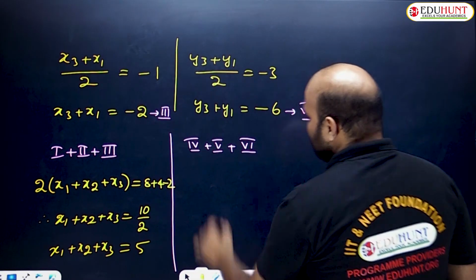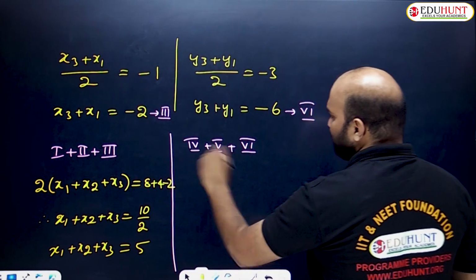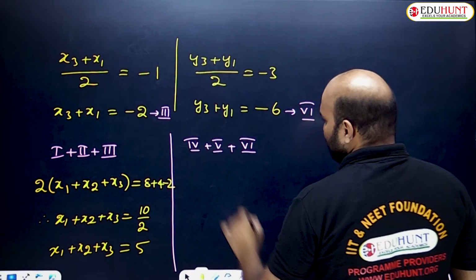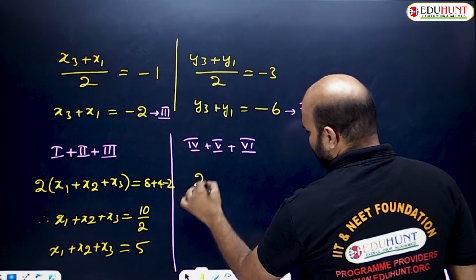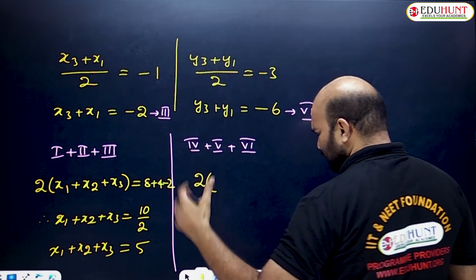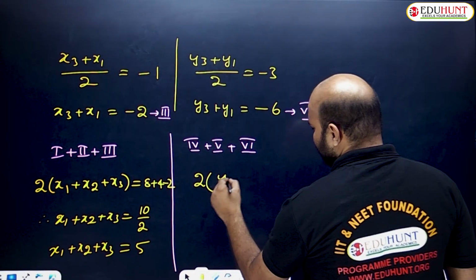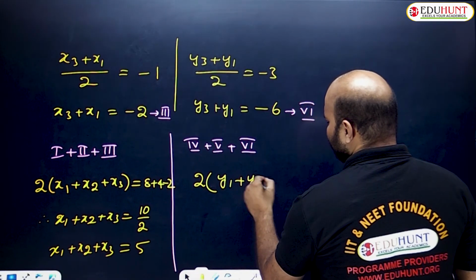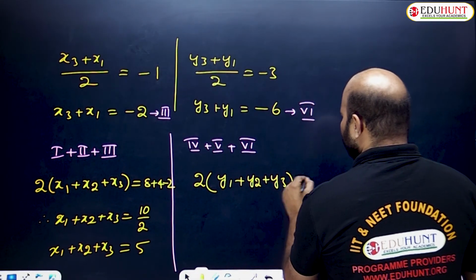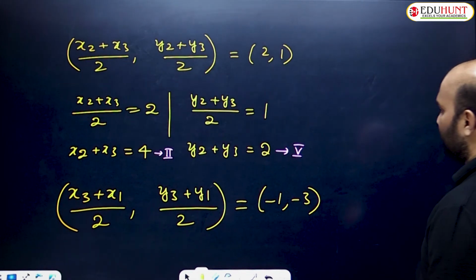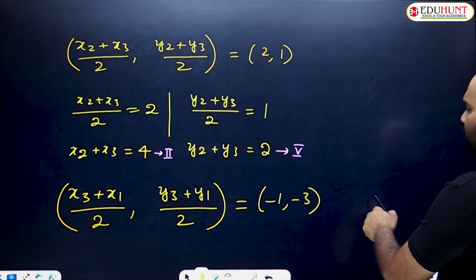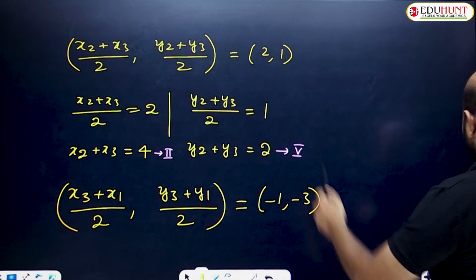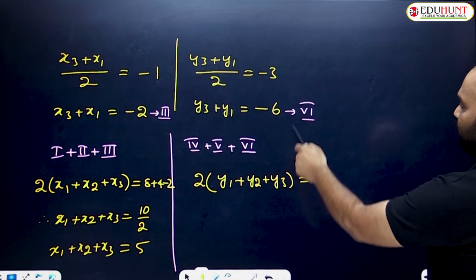Am I clear? The same similarity is applied. Adding the 4th, 5th and 6th equations, y1, y2, y3 each appear 2 times, 2 common. So 2 times y1 plus y2 plus y3 equals, what is the 4th equation? 10, then plus 2 is 12, minus 6.